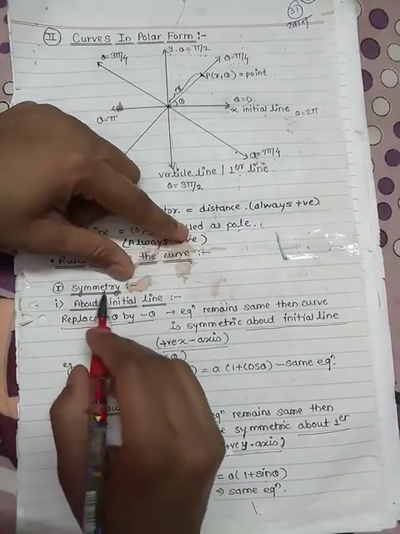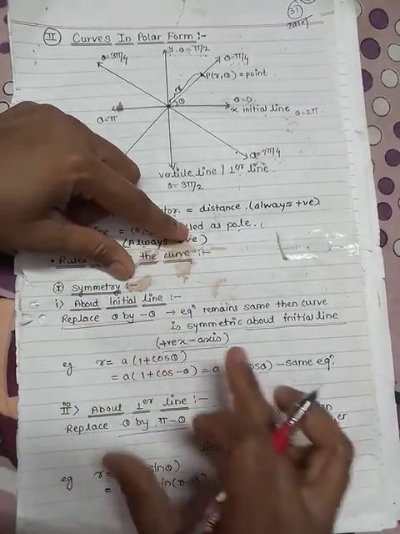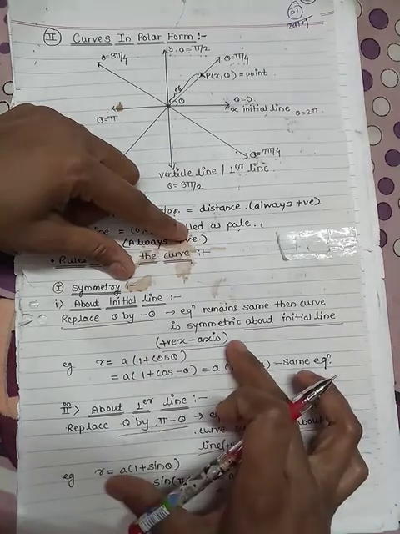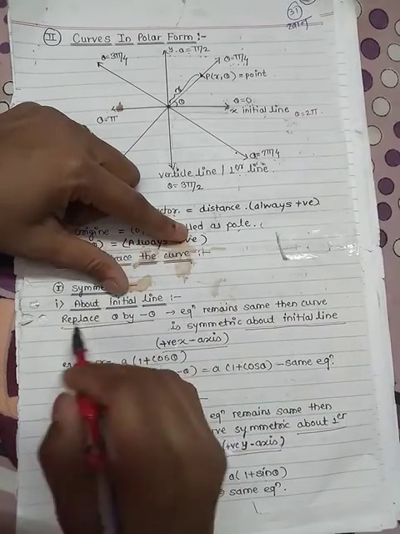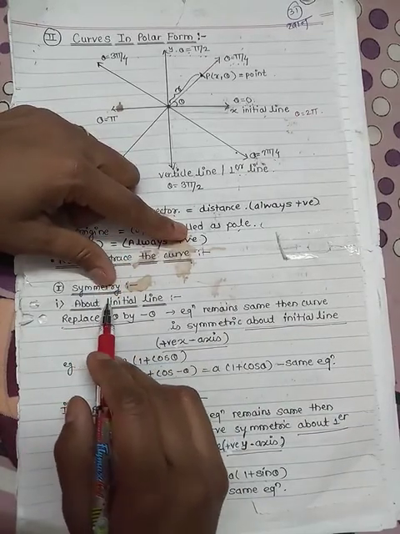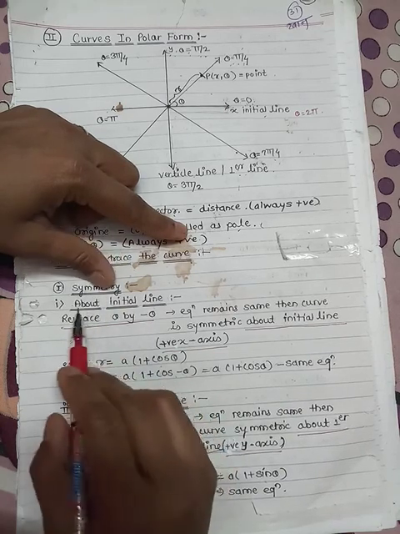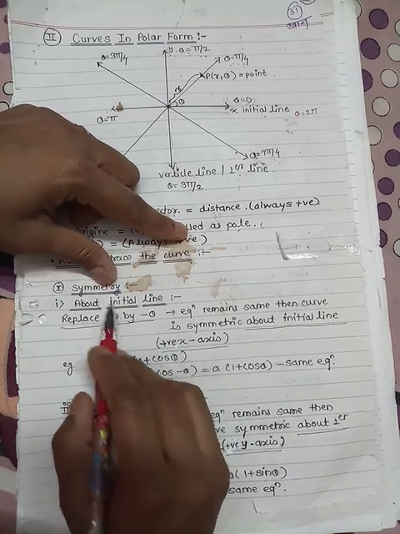Here the first point is the same as in Cartesian form, that is symmetry. But all the conditions to trace the curve in polar form are different from Cartesian form. In Cartesian form, for symmetry we check the symmetric conditions. Here again there are some conditions in the symmetry.